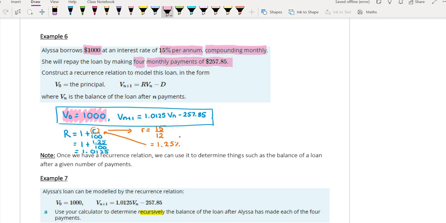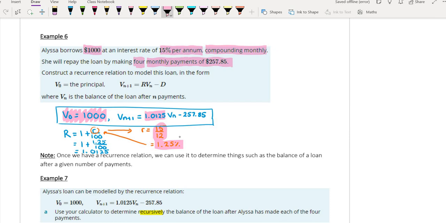That's our starting value. Our interest rate needs to be calculated by dividing the 15 by 12 because we're making monthly payments. So it's 1.25% every month. Now that expressed as decimals, and putting the 1 at the front as well, will be this.